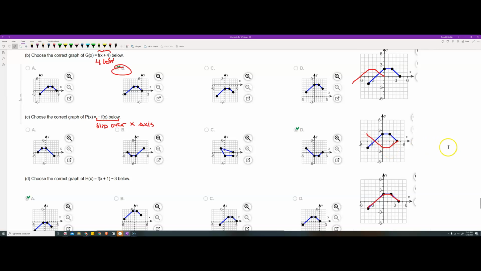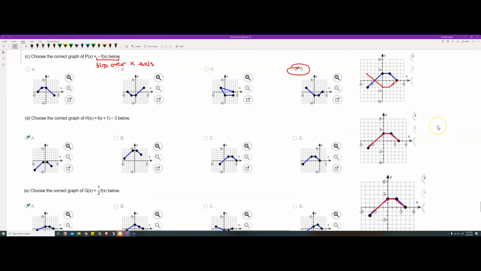Our figure will look something like that, which is D, I mean, sorry. All right. Next one is 1 left, 3 down. So 1 left, 1, 2, 3 down.